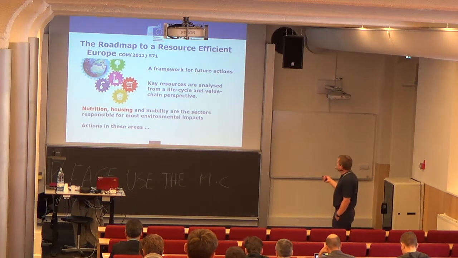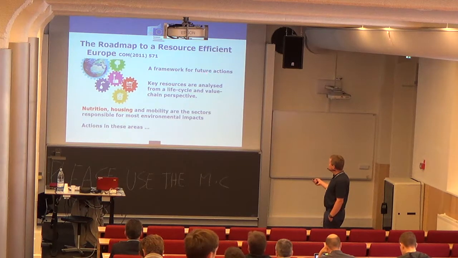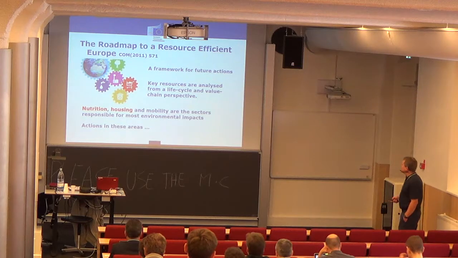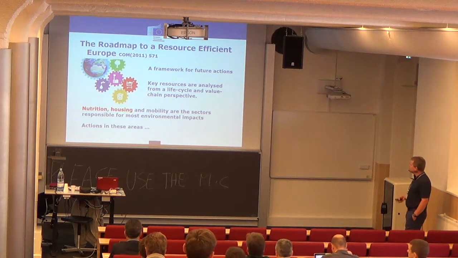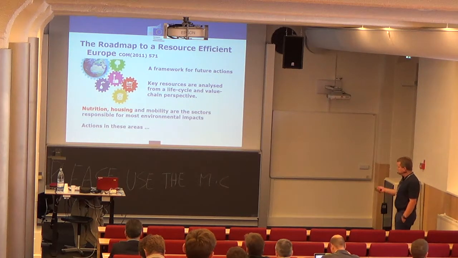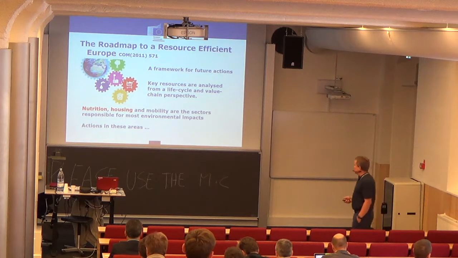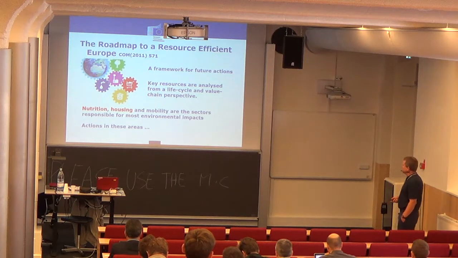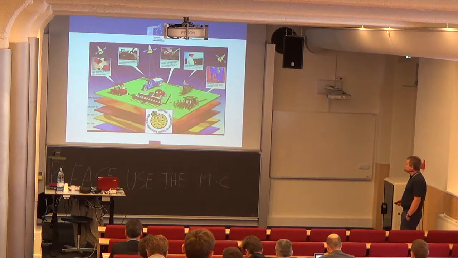You can find this document, and it is some kind of framework for future actions in which key resources are analyzed from a life cycle and value chain perspective. For example, nutrition, housing, and mobility are the sectors responsible for most environmental impacts, and clearly we need actions in these areas.